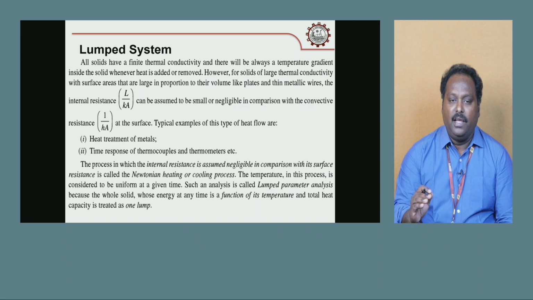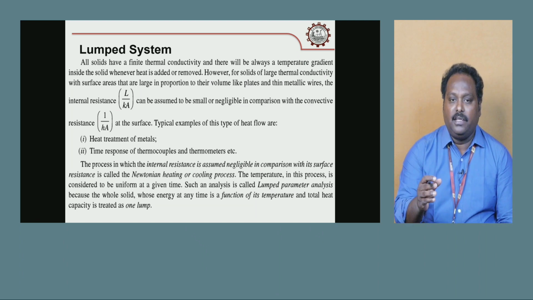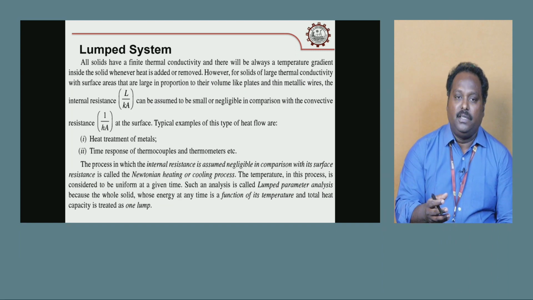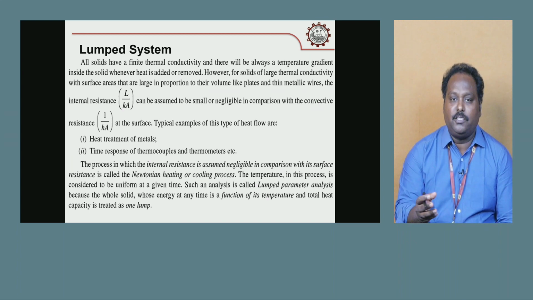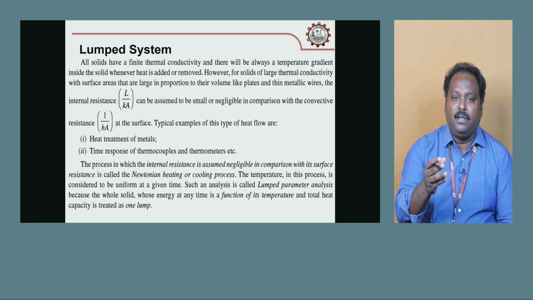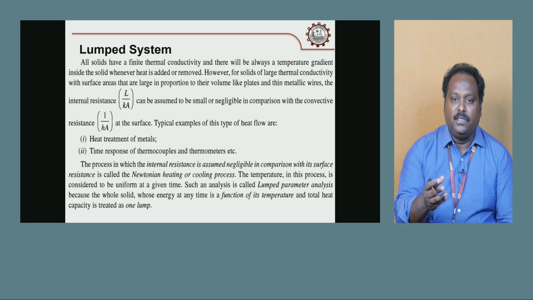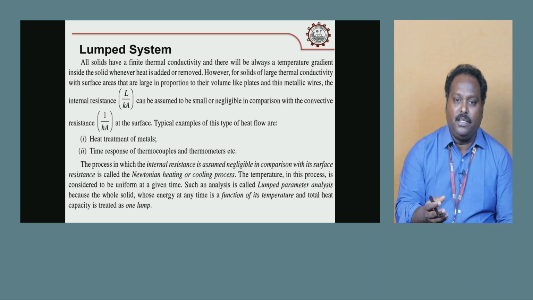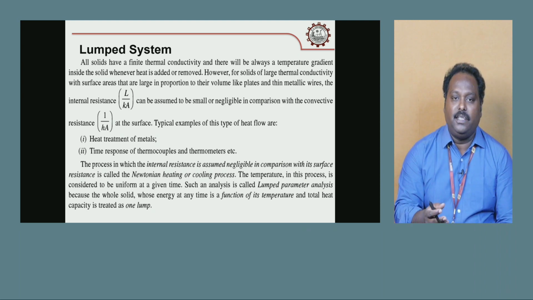If the hot copper ball is left in the environment, the temperature slowly gets reduced. That means heat transfer takes place with respect to time. Slowly the temperature comes down from 800 degrees centigrade to 750, 700, 650, 600, and after a certain period of time it reaches the environment temperature.